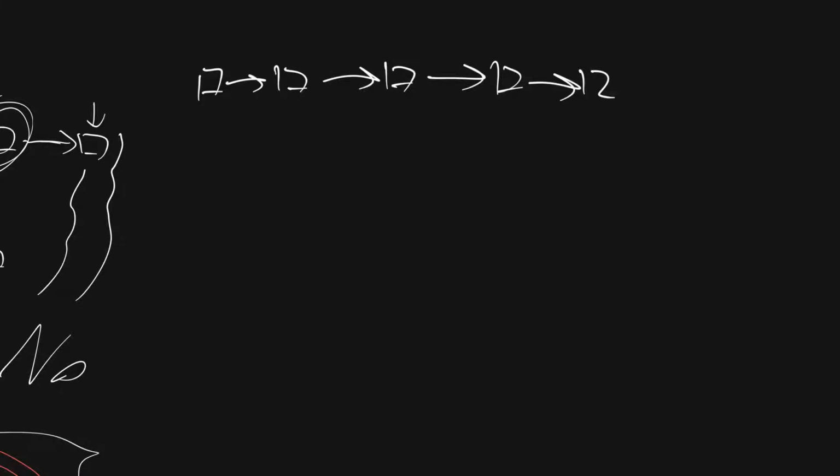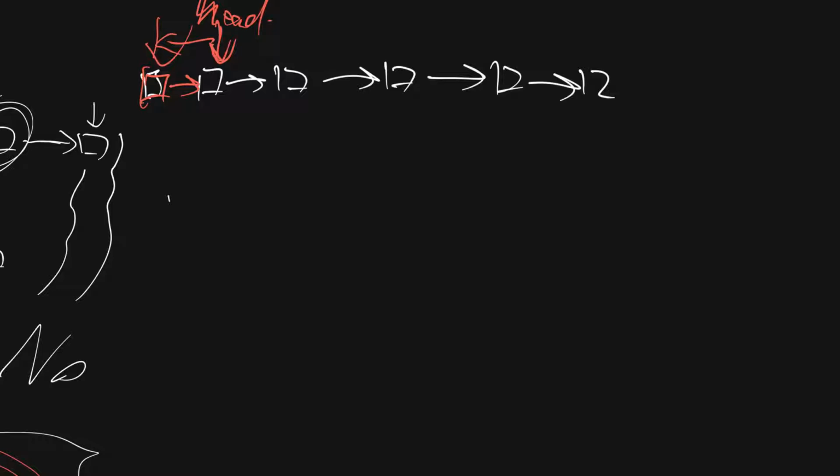When you're inserting a node, remember to check if you're inserting it at the head. If you're inserting it right here, then you want to move the head. Remember, this is the head. That's the entry point of the linked list. You want to move that to the one you just inserted.